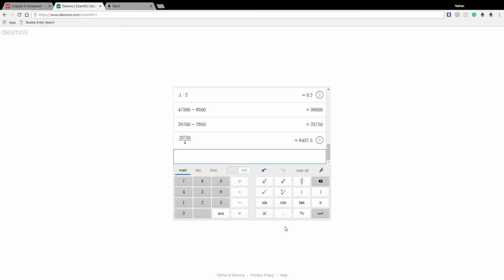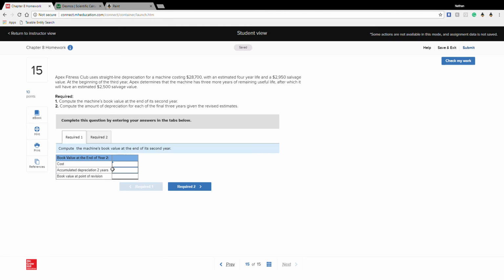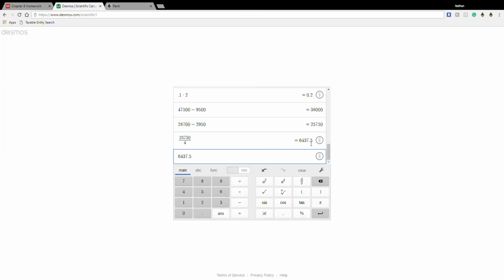Okay, so it depreciated straight line about 6,437.50. So all we gotta do is take that, and since we're looking for year 2 accumulated depreciation for 2 years, that's gonna be the 6,437.5 times good old-fashioned 2 years, and that should be my accumulated depreciation.